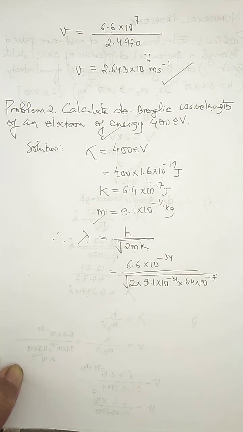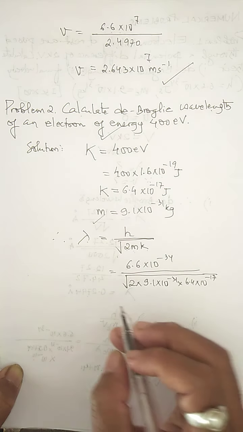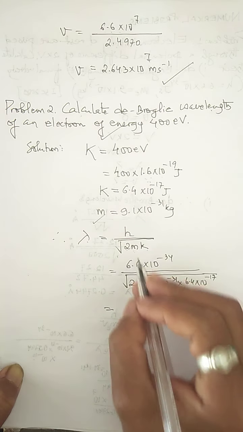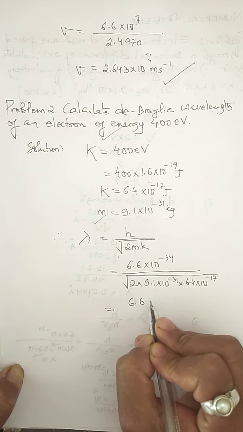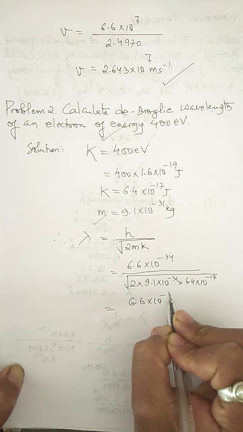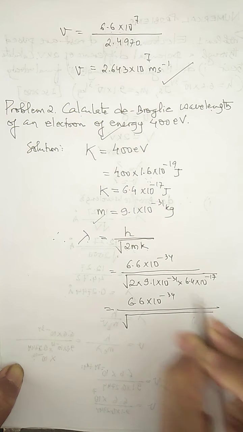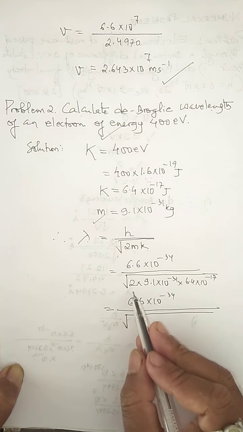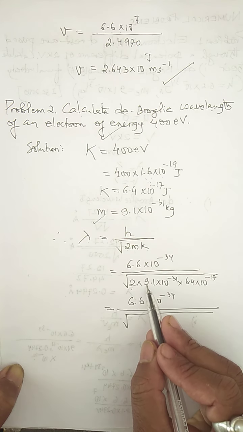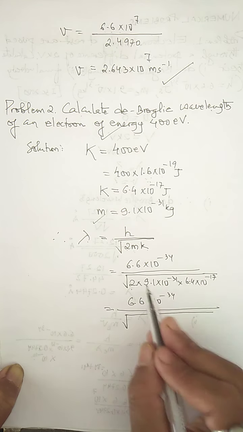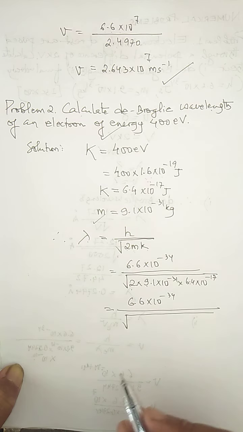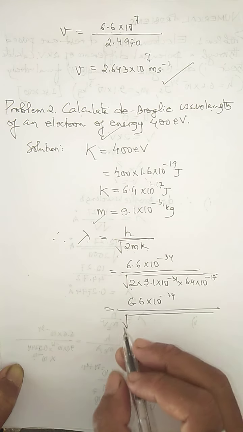Okay, now we can simplify this. Let me write the same numerator, 6.6 into 10 to the power minus 34. Let me first simplify the quantity inside the square root: 2 into 9.1 into 6.4.